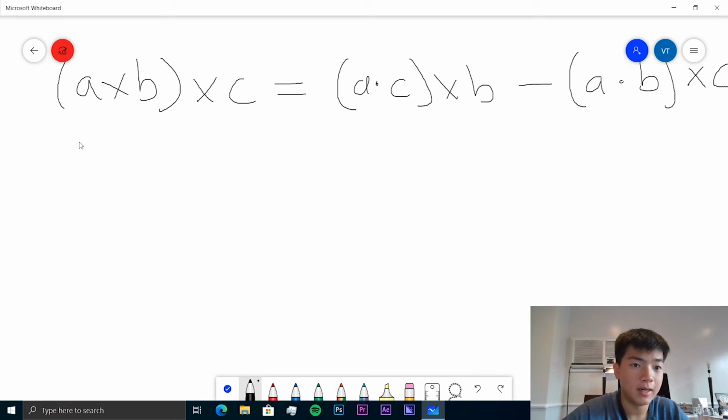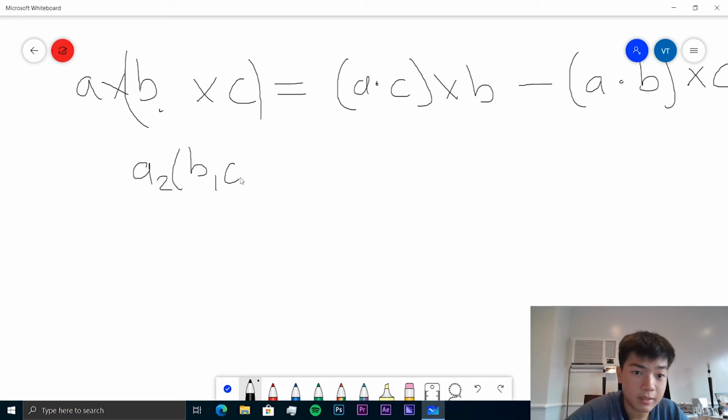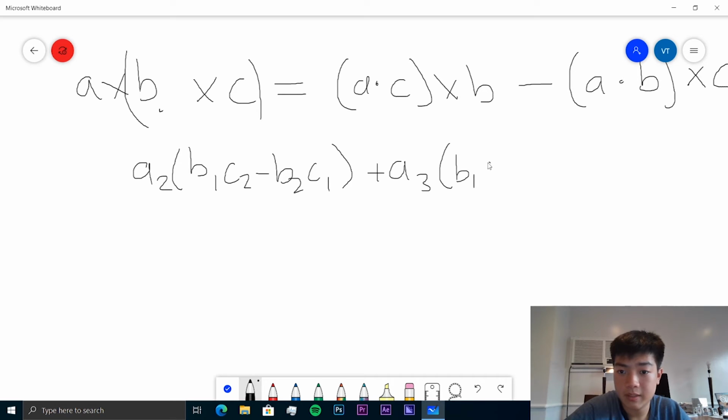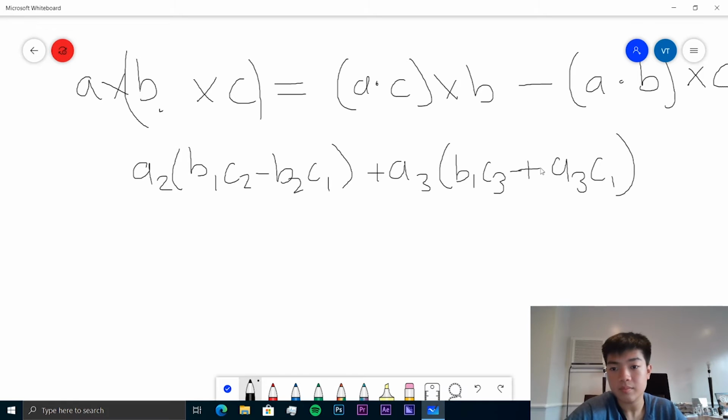So we can transfer this because this should be the same as A times B times C. And then we can say that this is equal to A2 times B1 C2 minus B2 C1, plus A3 times B1 C3 minus B3 C1.